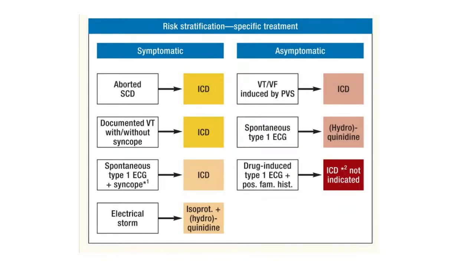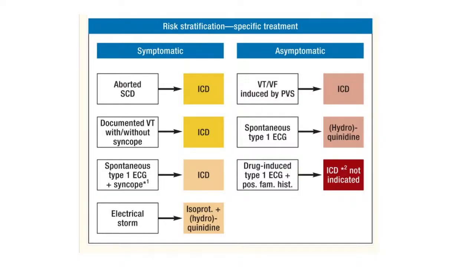Coming to ICD, again, the indication of ICD: if the patient is symptomatic with aborted SCD, aborted sudden cardiac death, meaning the cardiac arrest has been aborted due to an intervention or spontaneously. Such patients who had a history of cardiac arrest require ICD. Symptomatic patients with documented VT or multiple syncope episodes also require ICD.